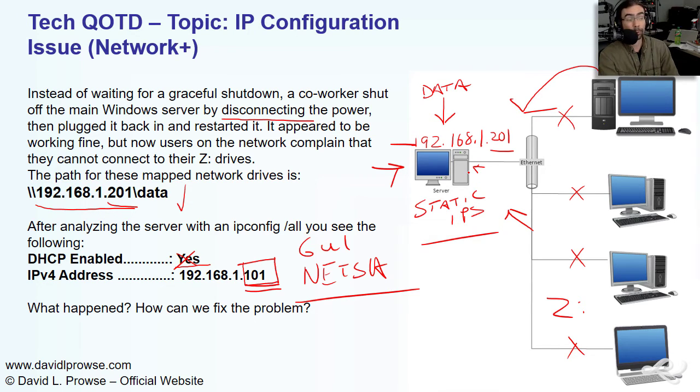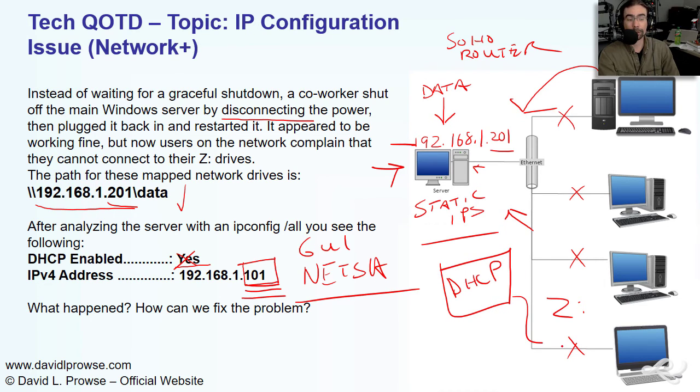It's a pretty simple problem. It's just that the server is getting an address automatically. It's obtaining an IP automatically from something on the network, possibly some type of SOHO router over here or some other server, maybe a DHCP server down here that hands out the IP addresses to the clients.